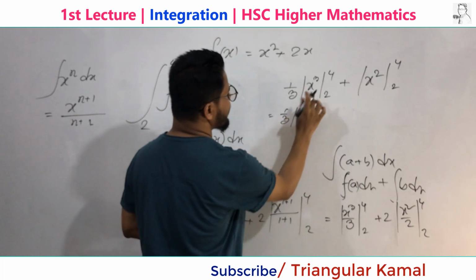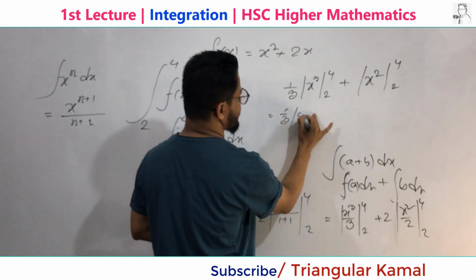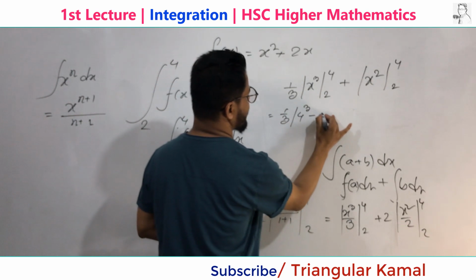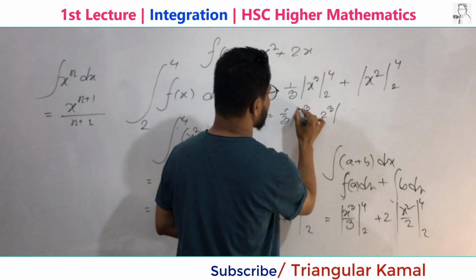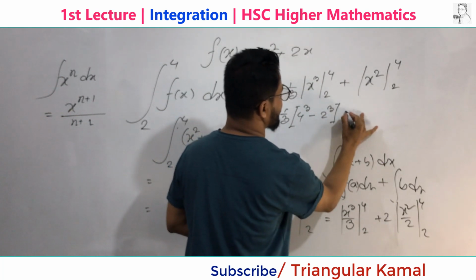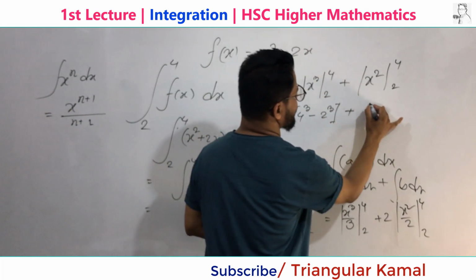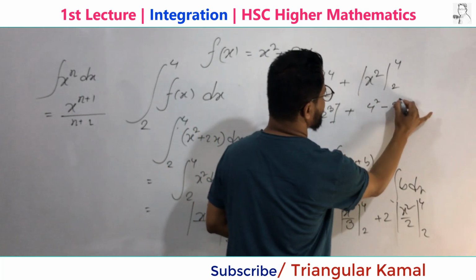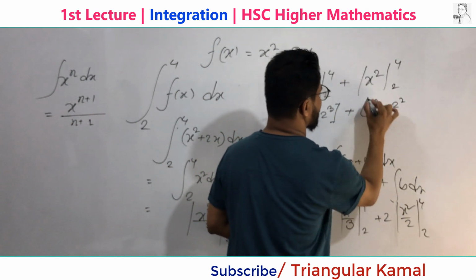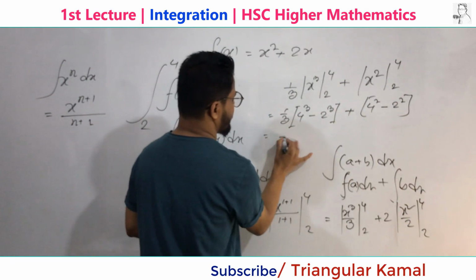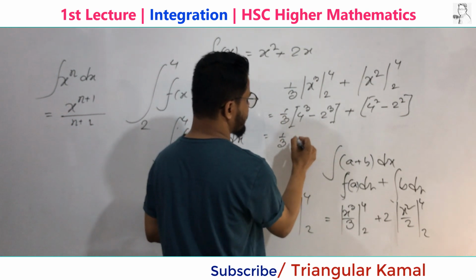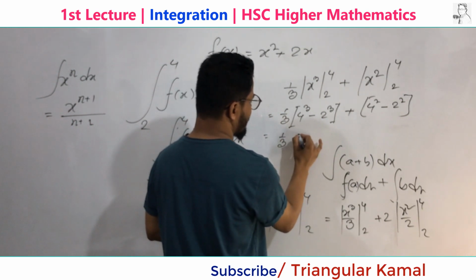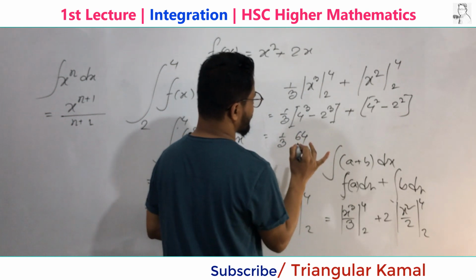First you can apply the upper limit. This is 4 cube minus 2 cube, and now just multiply here. Similarly 4 square minus 2 square. This is the 1/3 times 4 cube: 4 fours are 16, 16 fours are 64.